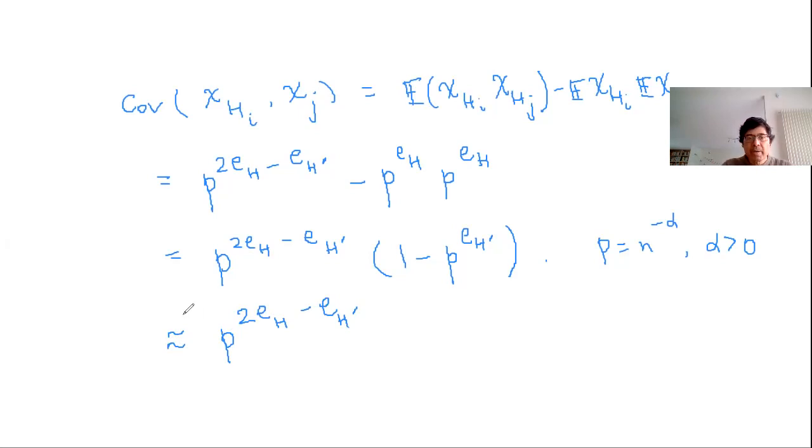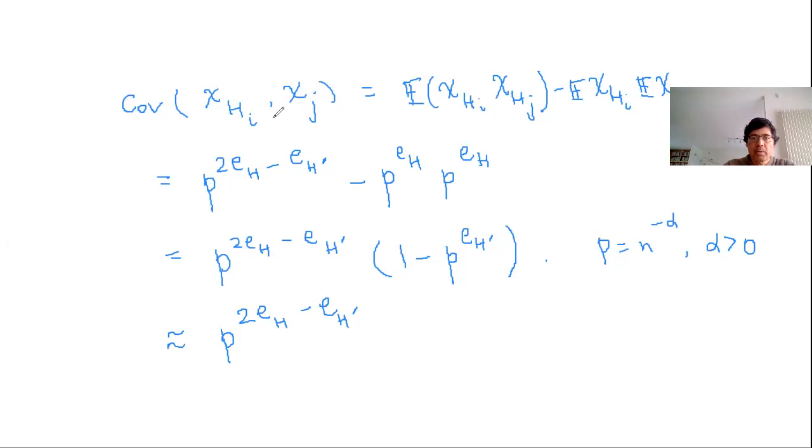Good. So we have calculated this. Sorry, there's a typo here. This indicator of J should be indicator of HJ. Good, so we have calculated the covariance for all possible intersections of indicators.